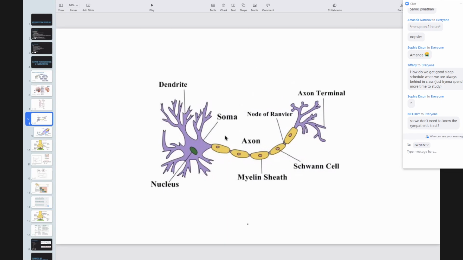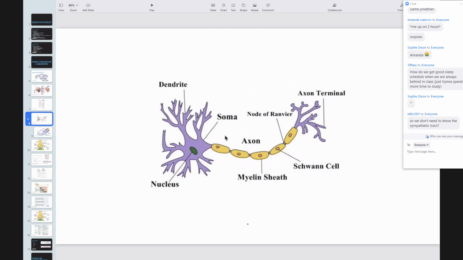So when you have muscle memory or very important neurons, they'll be covered in myelin sheath so that these nerve impulses can fire quicker and quicker. What creates the myelin sheath are the Schwann cells in the peripheral nervous system, or oligodendrocytes in the central nervous system. Both are called myelin sheath, but the type of cell that creates it is different. We'll take a quick gander at the Schwann cells next slide.